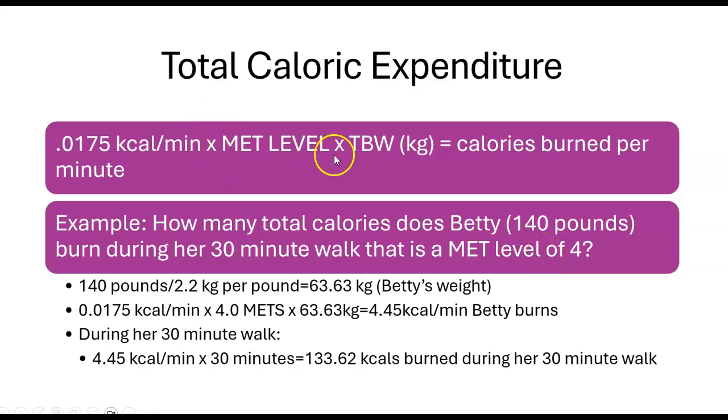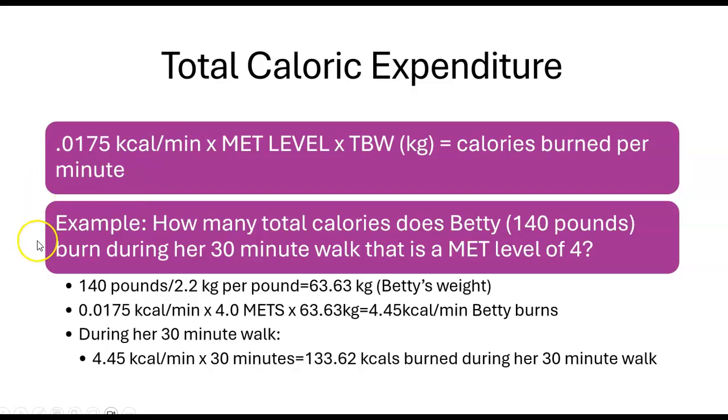And also you can figure out MET level for running and walking exercise through the ACSM equations, which we will go through in the next part of this lecture. Okay. And then total body weight will be in kilograms. Remember, I just taught you how to take pounds to kilograms, divide by 2.2. Okay, so we're always going to use kilograms for this equation. And then we will get calories burned a minute.